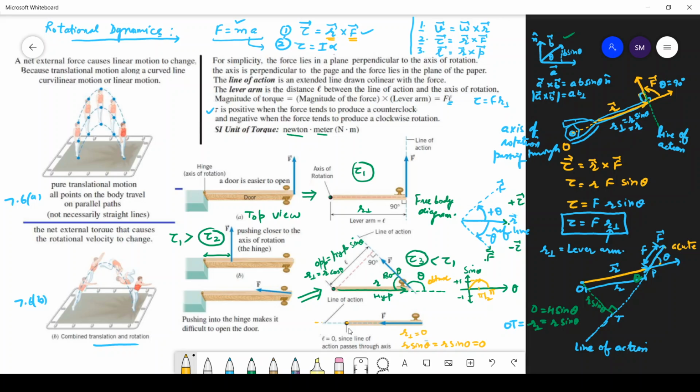And what is r here? Theta is 0. What is r here? This distance is your r. So r is not 0.